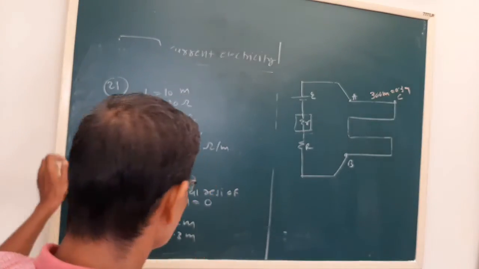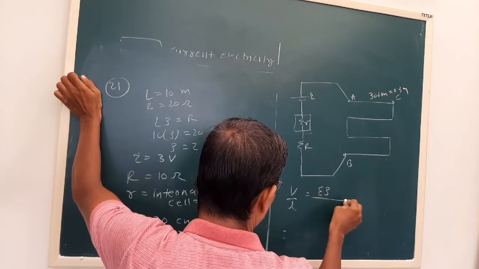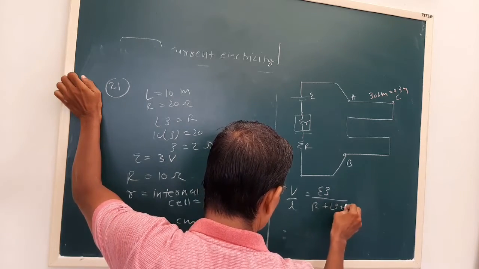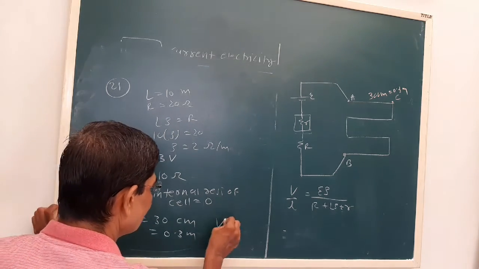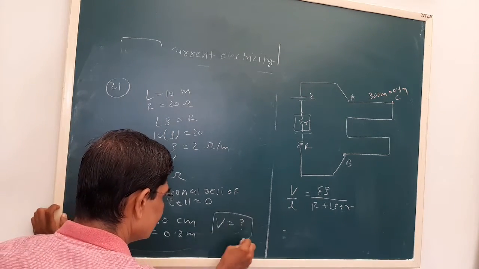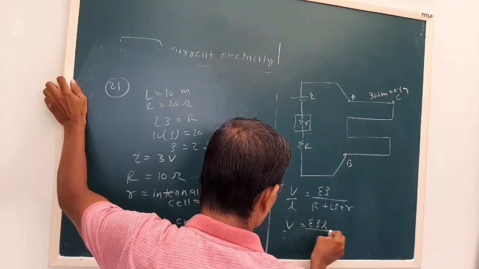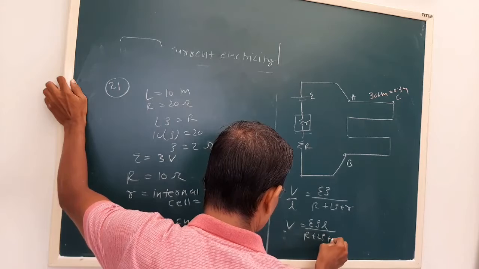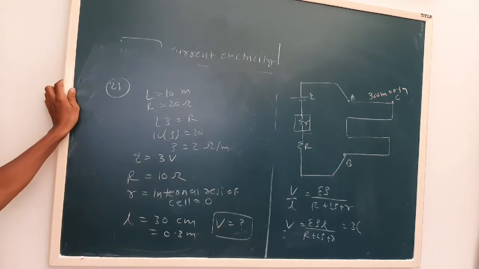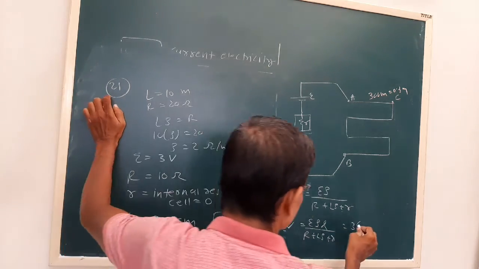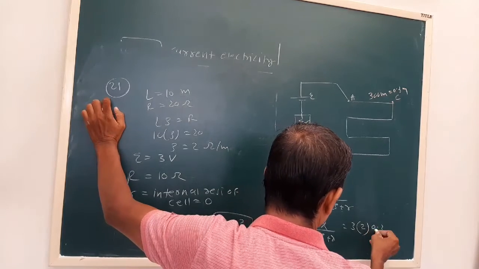Now see our formula. V by L is E rho upon R plus L rho plus r. Now V is the potential difference we have to obtain. So V will be equal to E rho L upon R plus L rho plus r. Here E, the EMF, is 3 volt, rho is 2, L is 30 centimeter, that is 0.3.